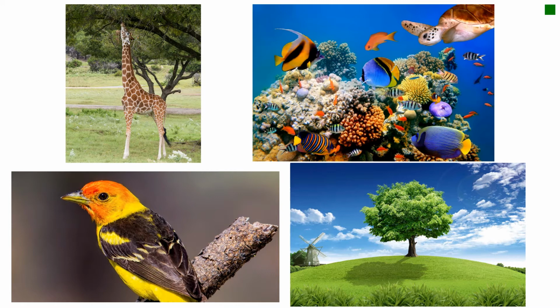This bird can live on a tree and can fly in the air. Plants usually grow where there is sun, light, and air. So all these are living things. They live in an ecosystem. Remember, an ecosystem is an environment where living and non-living things can interact.